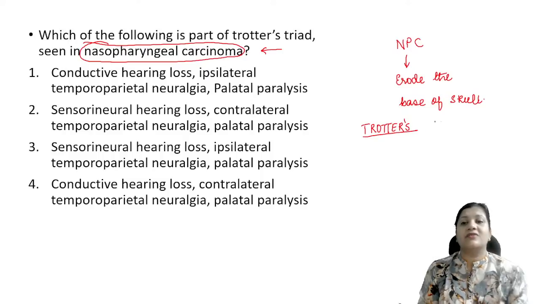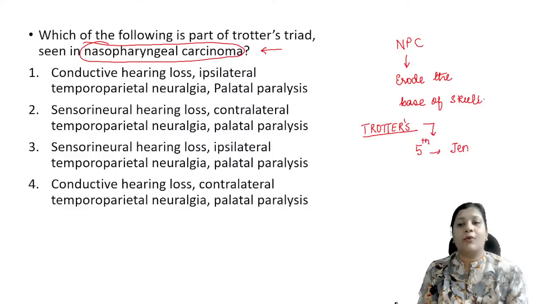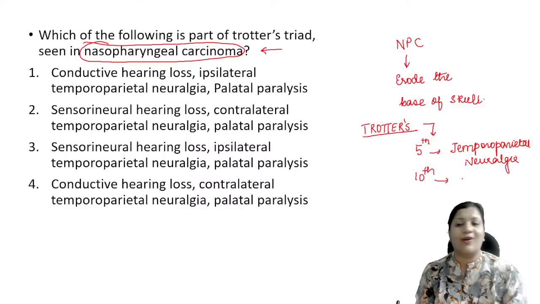One is cranial nerve 5, where there is temporoparietal neuralgia, so in the area of distribution of the fifth nerve, there is pain. Along with that, there is palatal paralysis. Now, this is ipsilateral, not contralateral.